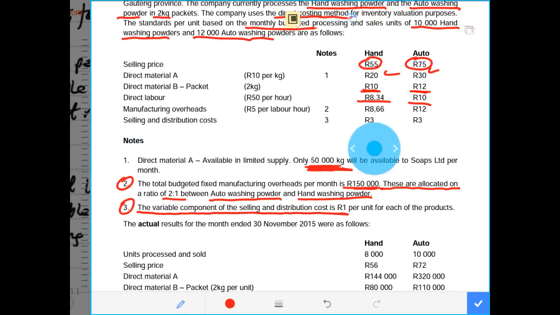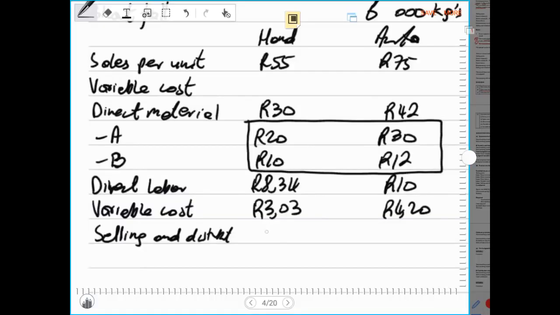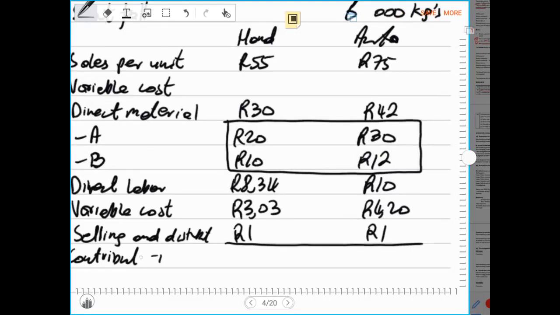So meaning the variable selling and distribution is 1 rand per unit. So that is 1 rand and that is 1 rand. Then now from here we can get to our contribution per unit.